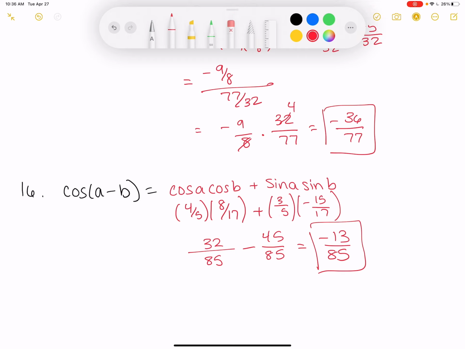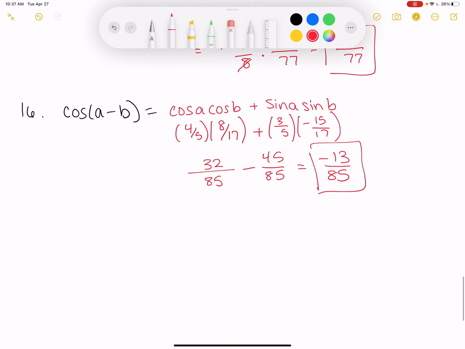I think I wrote 15 because I was preparing for the 15 over 17 and they all ran together. Pretty easy. Yeah. Cool. All right. So the next one says to simplify the expression.